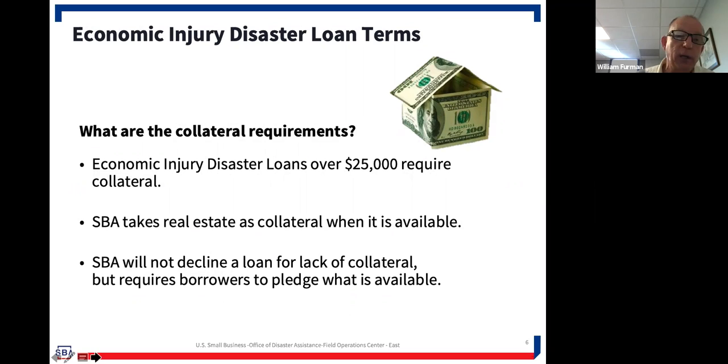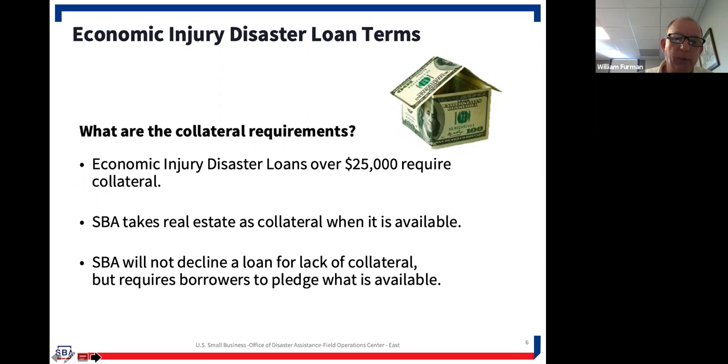So if you get offered a loan of greater than $25,000, you would need to check to see if the Office of Disaster Assistance is requiring collateral, because from what I've seen so far, they are not. And so I think this particular rule has been waived.